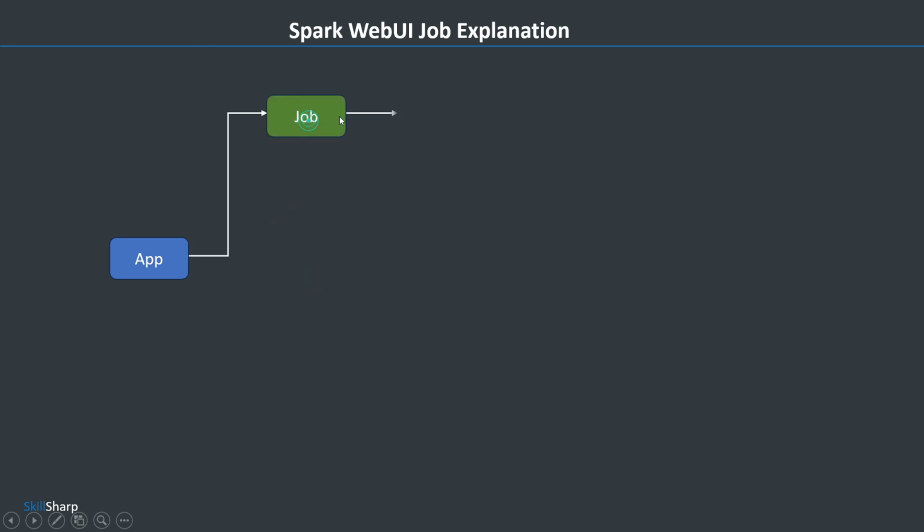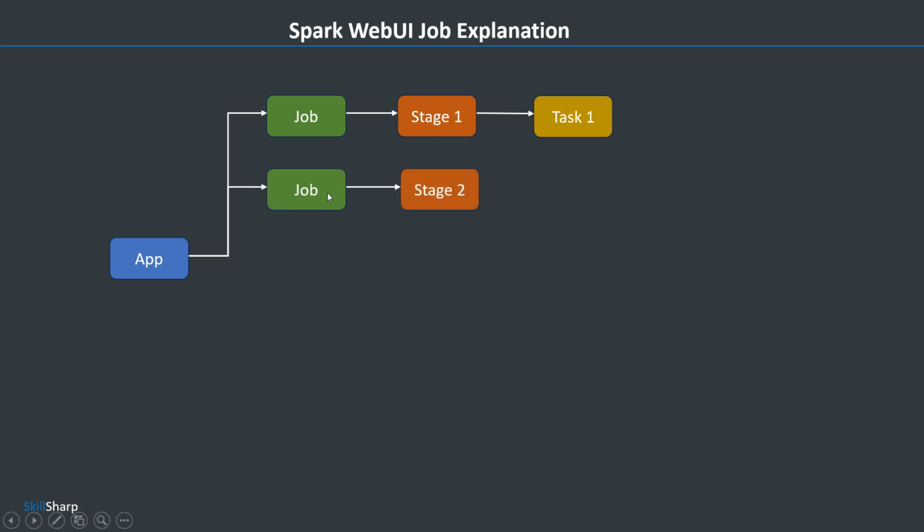In job one, we have one stage, and that stage has one task, and that task is actually reading the data for capturing the schema of the data, as we have used infer schema in our application code. Then the second job is created with the help of the CSV method, and that job has one stage and that stage reads the CSV file. As we all know, our jobs are triggered when any action is called.